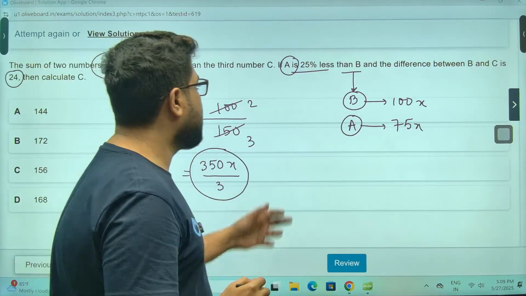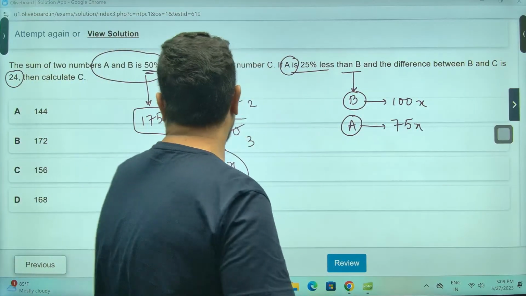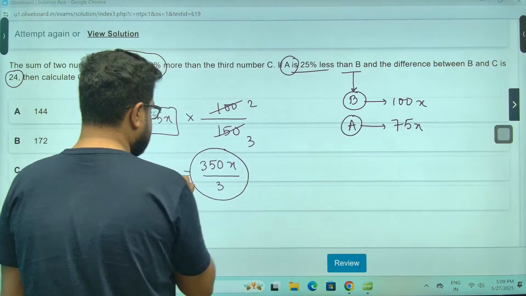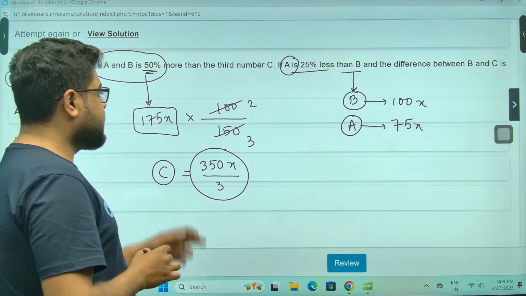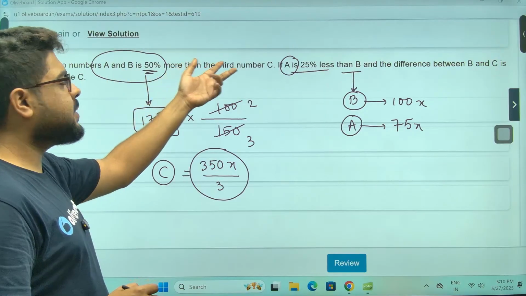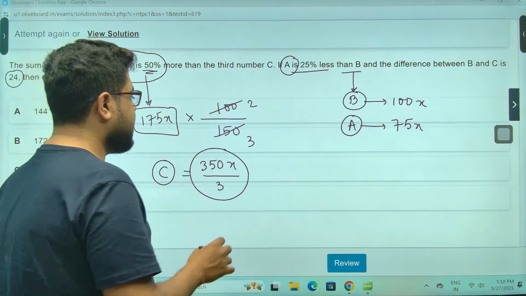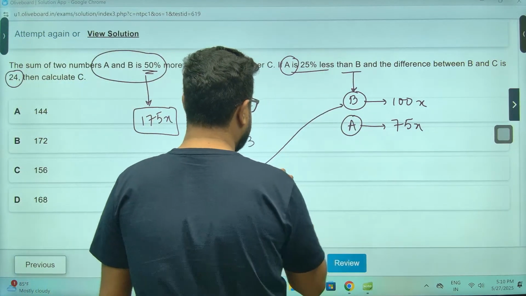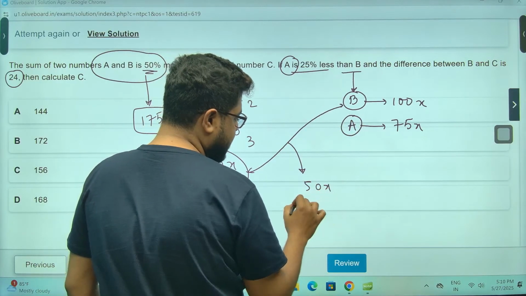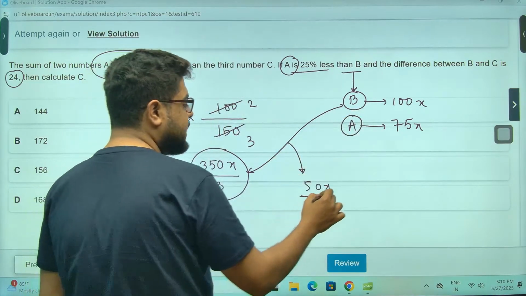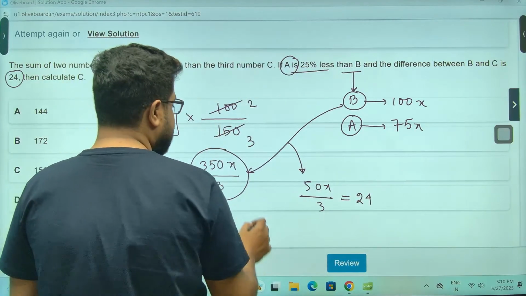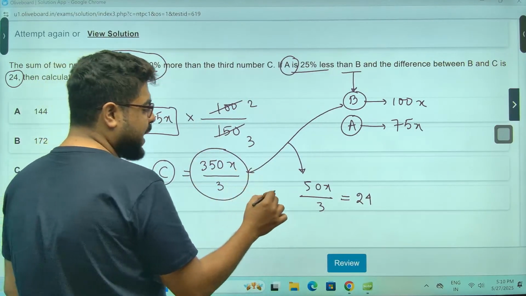Now, difference between B and C is 24. B and C. So this is C. A plus B was 50% more than C. So this is C. Now this difference is given as 24. So it is 50x by 3, the difference, if you take 350 minus 300. That is given as 24. Calculate C. Actually, you don't need to calculate anything.